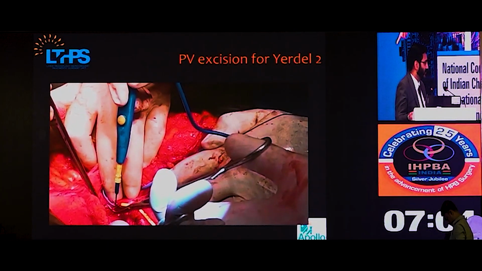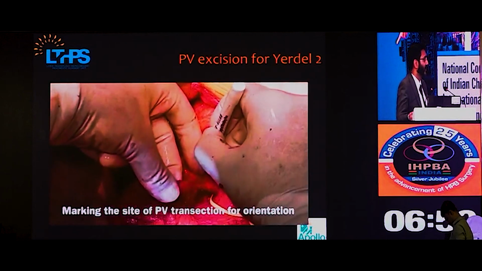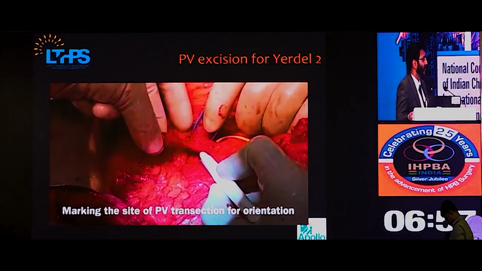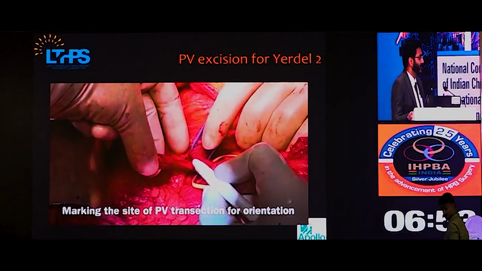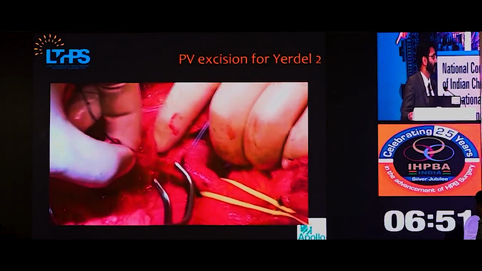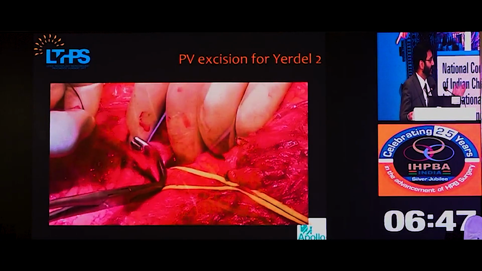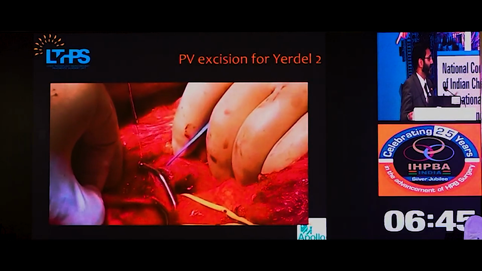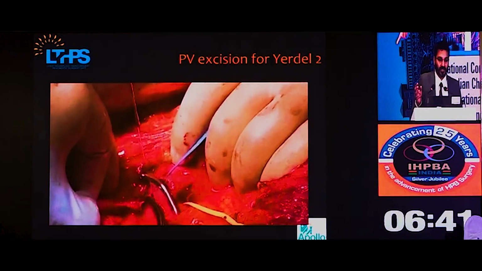We have removed the portal vein through the tunnel, and then we always do this marking with a sterile pen. Once you have palpated the thrombus where it ends, it gives you a good orientation. So this is a clamp applied, and now the portal vein is excised, and we had a cadaveric vein graft for this.